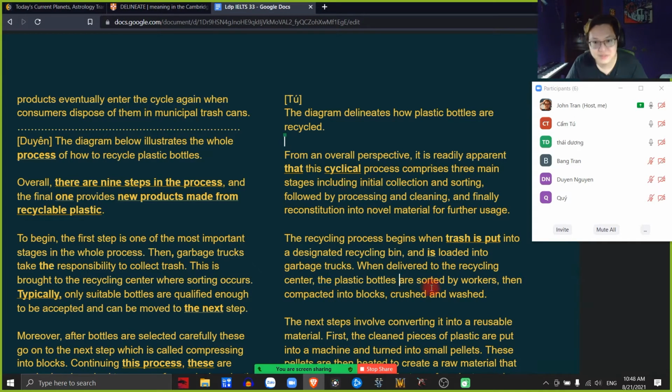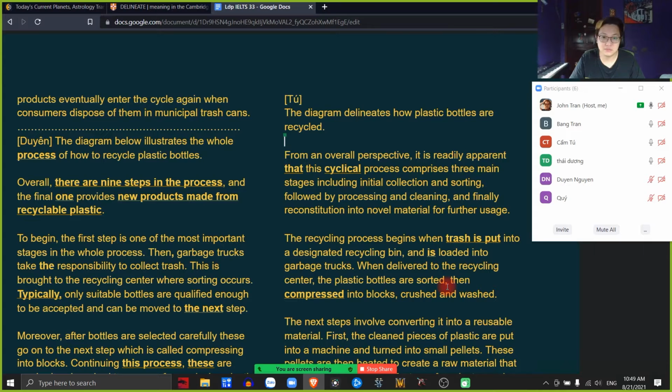The plastic bottles are sorted by workers. Well, once again, do not need to mention who sorts that. Không cần phải nói là được sorted bởi ai nữa. Then compacted into blocks. I think compressed, not compacted. Được nén lại into blocks.